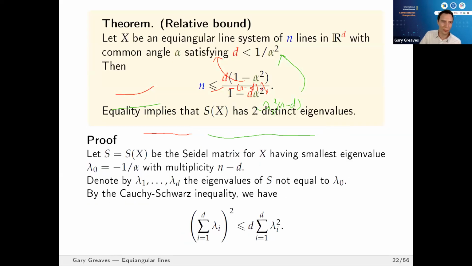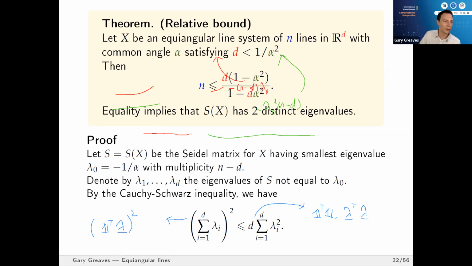So I wrote a small explanation where on the right hand side, this over here is just the all ones vector inner product with itself multiplied by the lambda vector inner product with itself. And this one here is just the all ones vector inner product with the lambda vector squared.